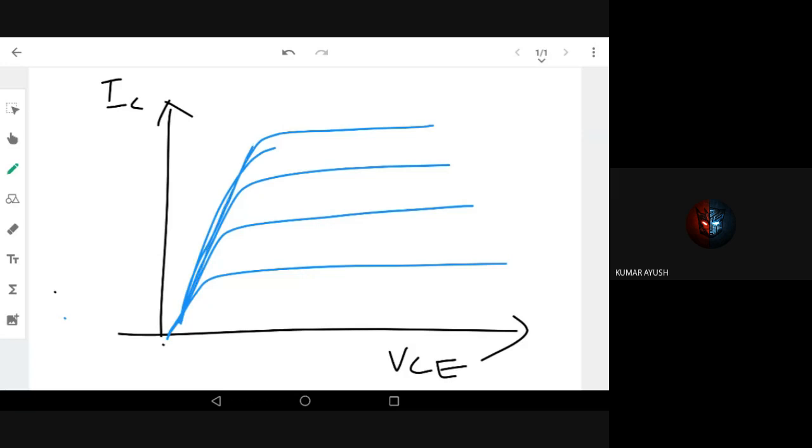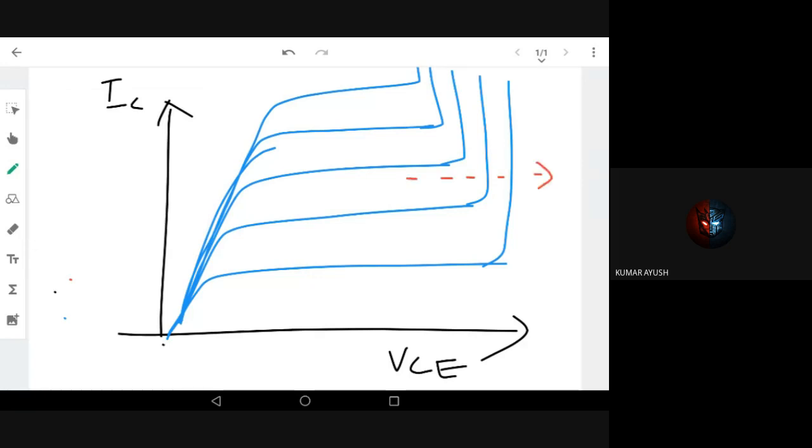I can go on increasing this. Here the breakdown region is also there. Although ideally this region should be much further to the right, I'm just drawing it here. We need a lot of voltage swing. What is swing? This is the range over which the transistor output voltage can operate in VCE.